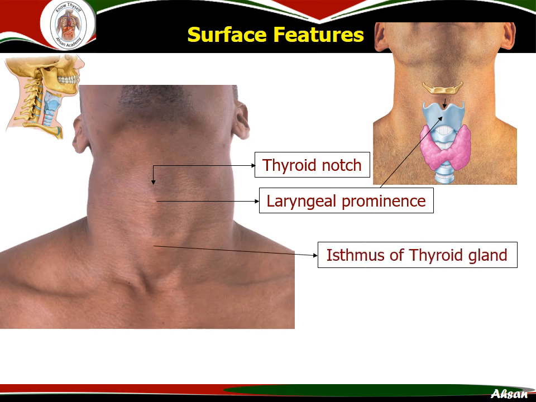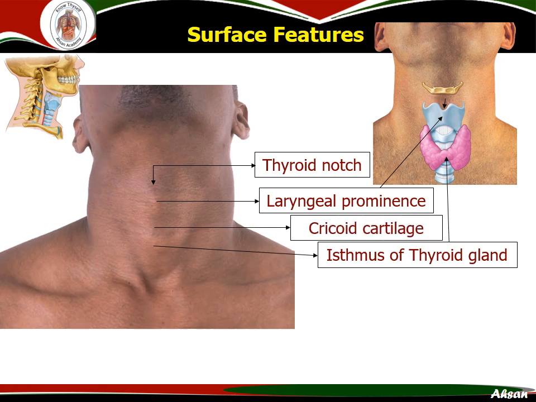If we follow the midline, the laryngeal prominence, the thyroid cartilage will gradually slope down, and then we'll get a soft part, and after that we'll get a soft tissue swelling. This is the isthmus of the thyroid gland, and this is indicated in the other figure by diagram.